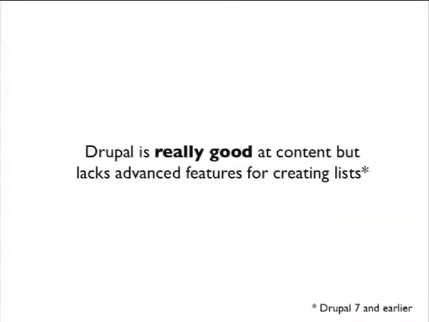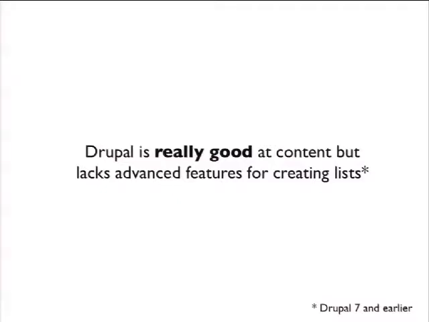So the problem with this is Drupal is really, really good at content, and it's really bad at making lists of things. Drupal out of the box. When you download Drupal 7, you can do all kinds of really cool stuff with the new entity system. You can create users with different fields on them, so you can create all these attributes about a particular user. You can create articles and pages, and you can add new content types.